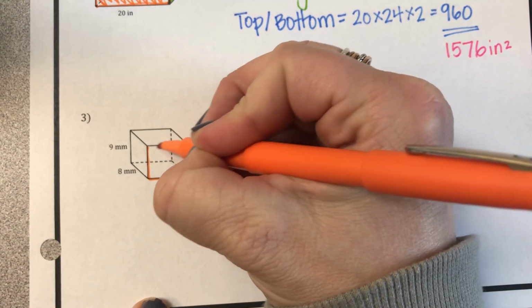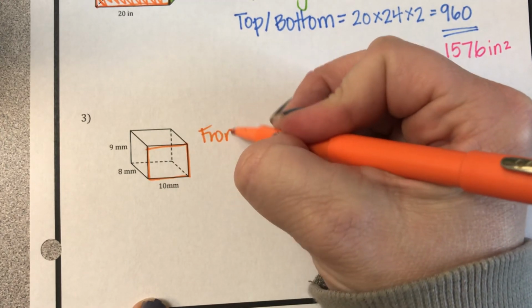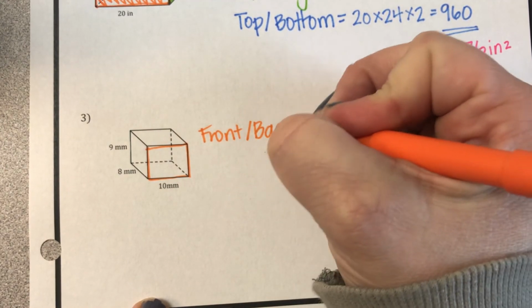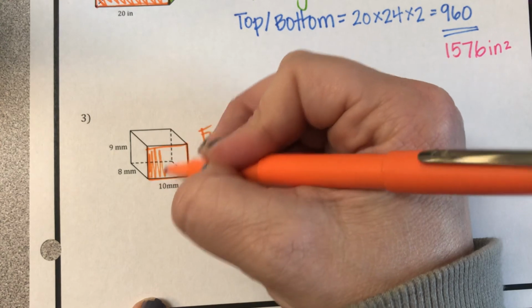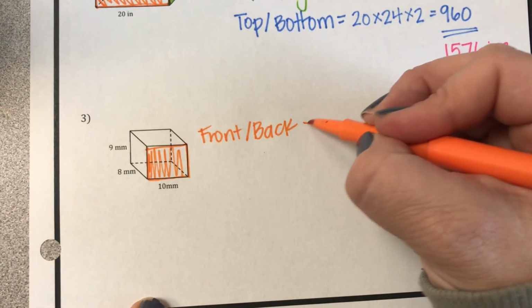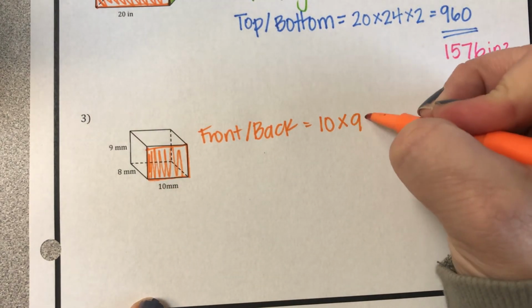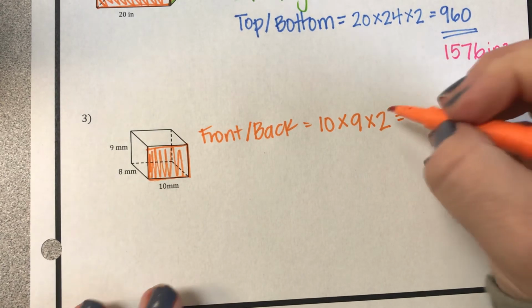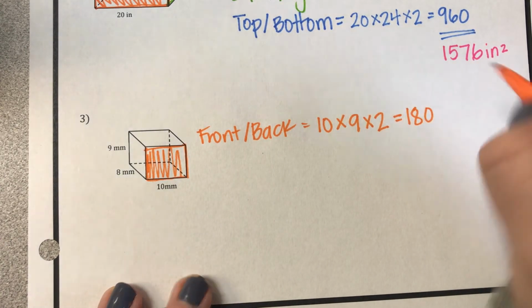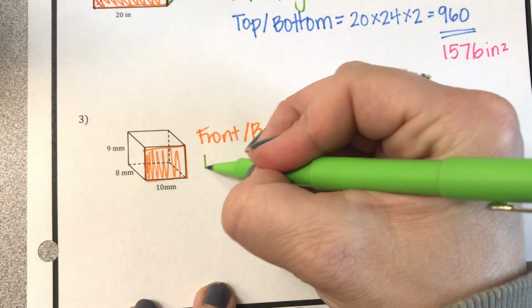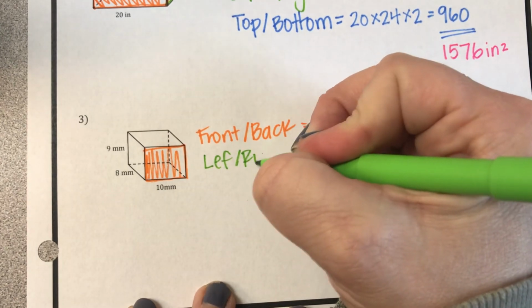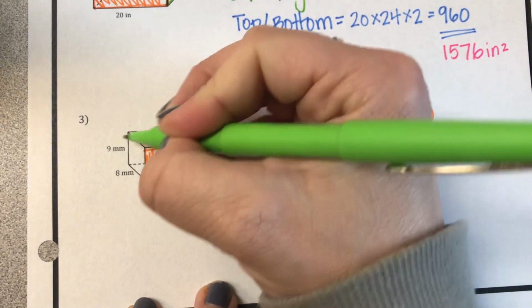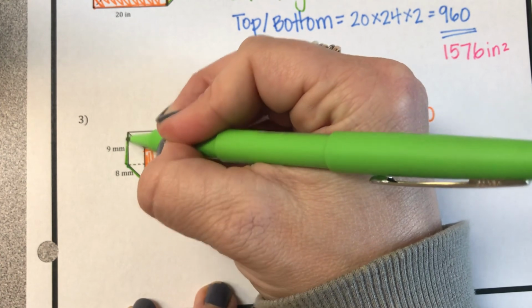Okay, so we have the front and the back sections, which are 10 across and 9 tall. So 10 times 9, and there's 2 of them, so that's 180. Then we have the left and the right. So those are 8 by 9.